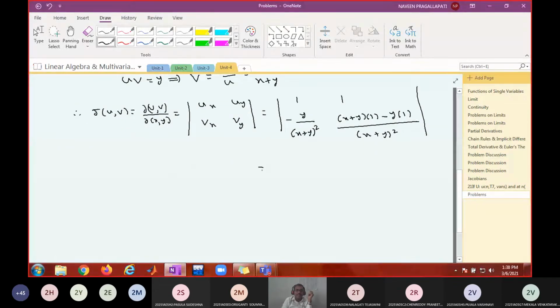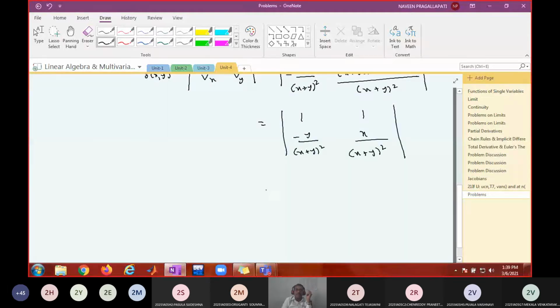So this is the determinant 1, 1, minus y by x plus y whole square. Now what is the simplification? y gets cancelled, x by x plus y whole square. Am I right? So this is x by x plus y whole square plus y by x plus y whole square.